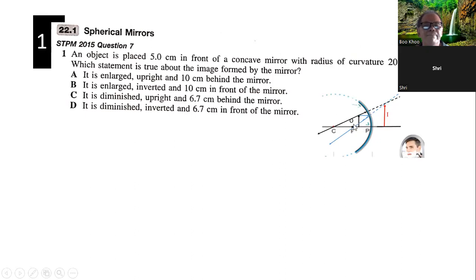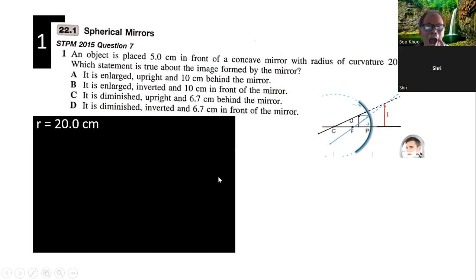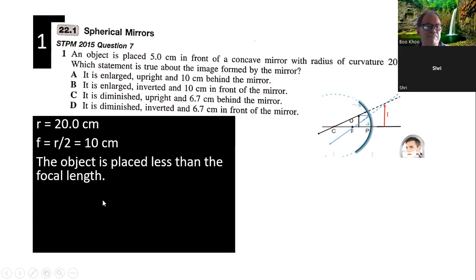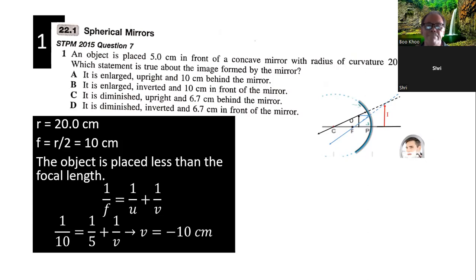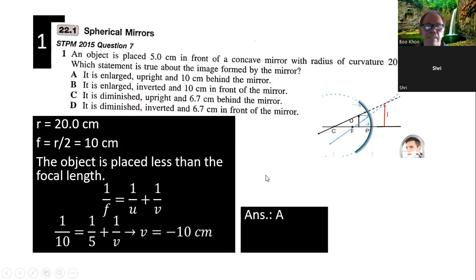That's your object there. Concave mirror. Calculate your focal length. That's your radius of curvature. Half of radius of curvature is the focal length. Object is placed less than the focal length. Put in your formula and calculate that. Okay, good.